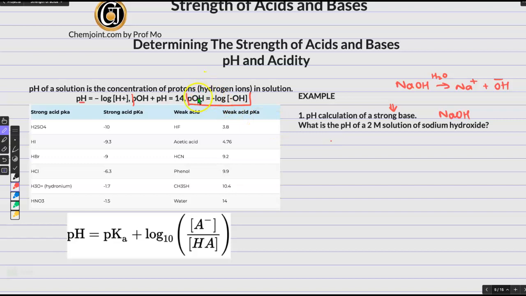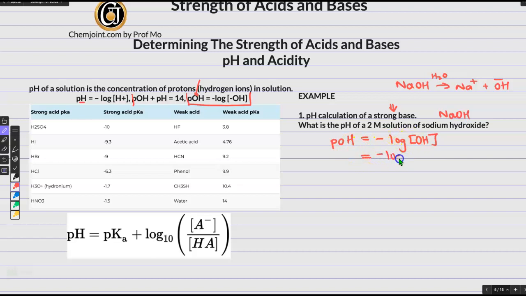This is the determination of the concentration of OH in solution. So let's first find pOH, and we'll use that to find pH using another expression. So pOH equals negative log of OH. We are using this again because we have a base.